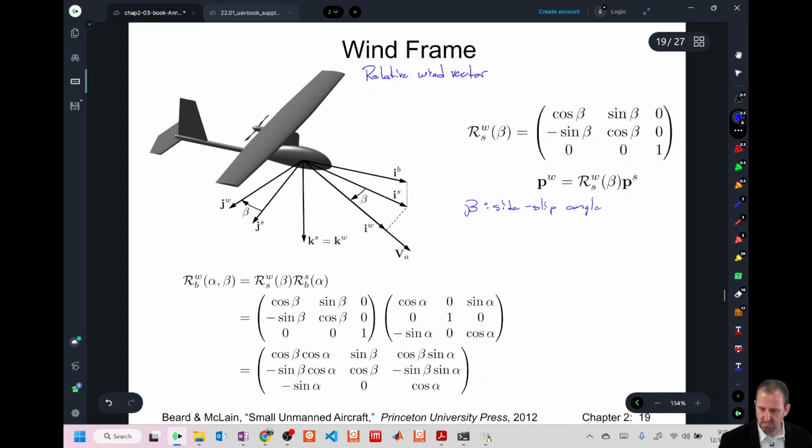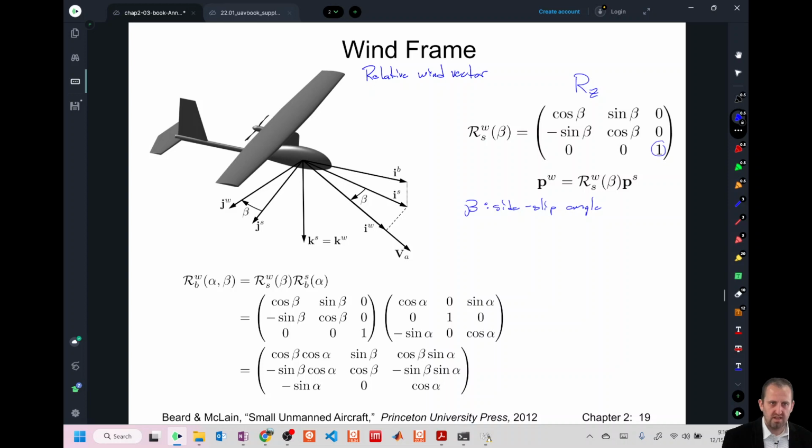Let me make sure I didn't miss anything that I wanted to point out. Okay, now we have our side slip angle, and we can identify what we're doing here really quickly. Since we have this 1 in that bottom right corner, this is a rotation matrix. We're just rotating about our z-axis.